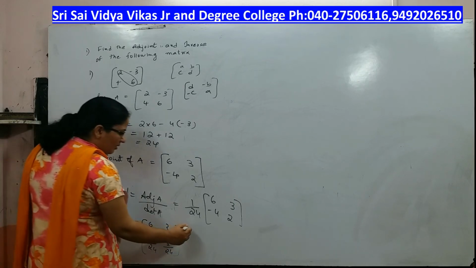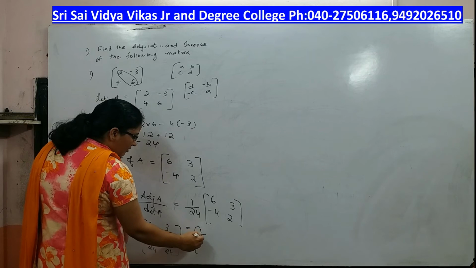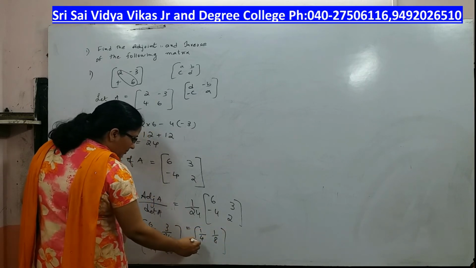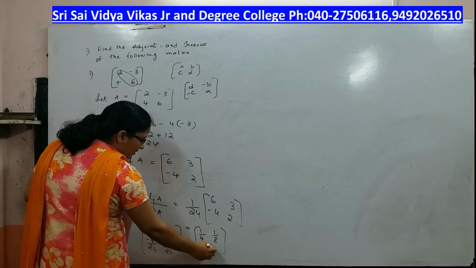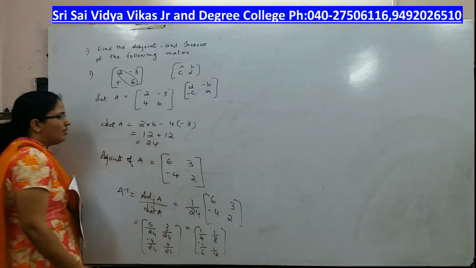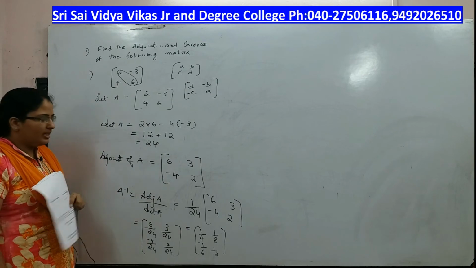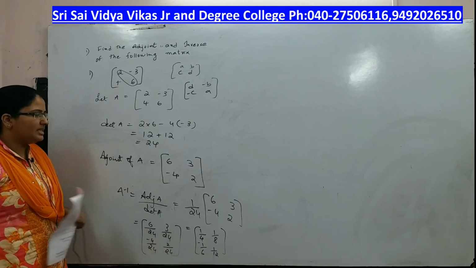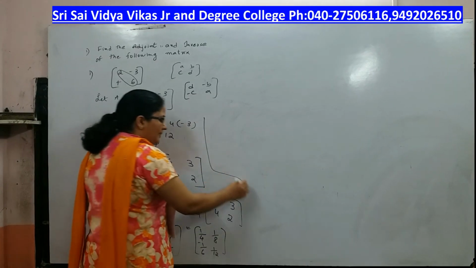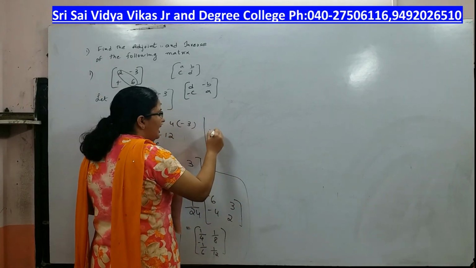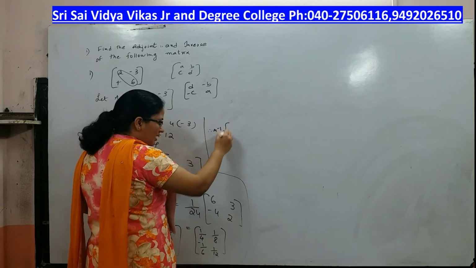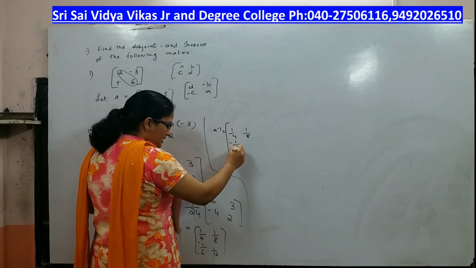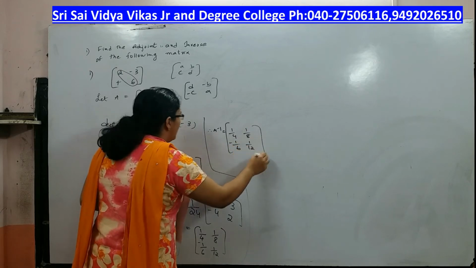So that will give you 1 by 4, 1 by 8, minus 1 by 6, 1 by 12. So this is the inverse of the given matrix. Therefore A inverse is equal to 1 by 4, 1 by 8, minus 1 by 6, 1 by 12. We shall do one more problem.